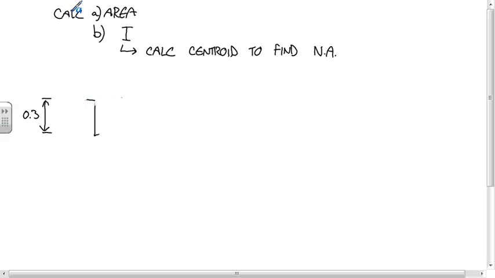Okay, so all the thicknesses are 0.02. And then this is 0.3. Okay. So take a few minutes, calculate the moment of inertia and the area so we can do the normal stress due to tension.